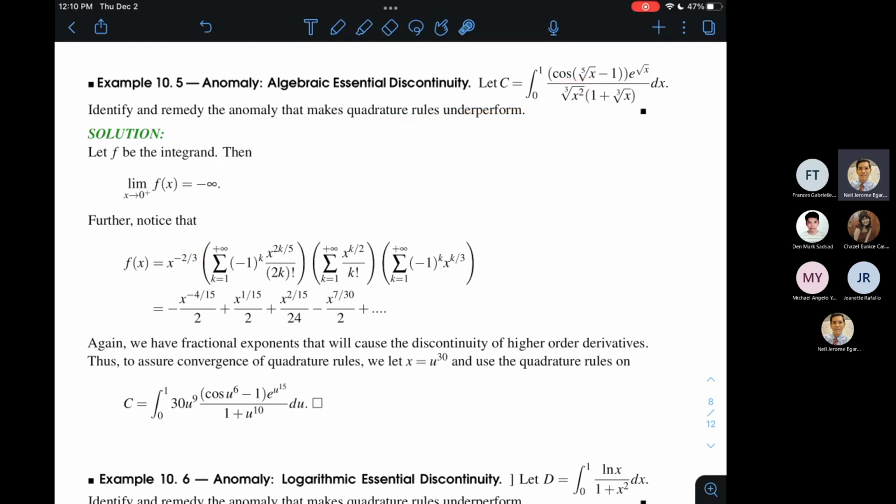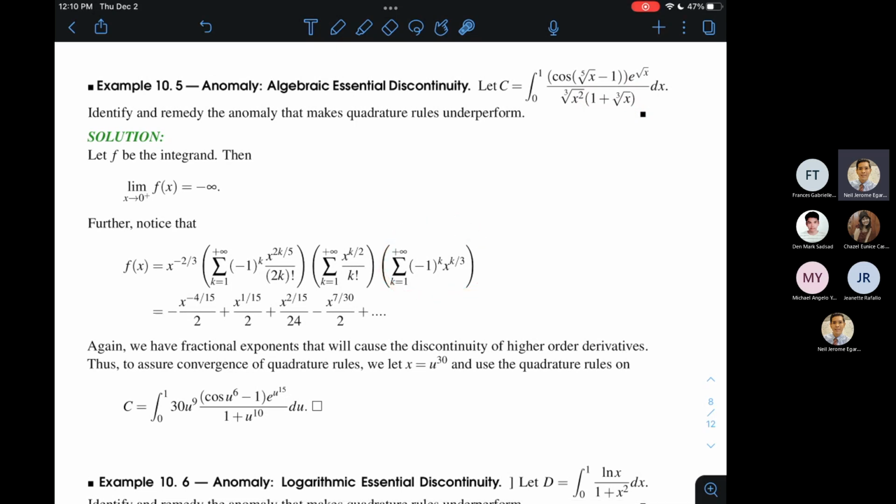Okay? So tingnan natin kung paano kinuha yung Taylor series expansion. Well, I'll start with this guy. This is x to the 2/3 in the denominator. So I can write it as x to the minus 2/3 as a factor, okay? And then yung cosine ng fifth root ng x minus 1 has this Maclaurin, has this Taylor series expansion, okay? Ito yung expansion niya. And then yung e to the root x, ito yung expansion niya. Tapos yung 1 over 1 plus cube root of x, ito naman yung expansion niya. Okay? So kinuha ko lang yung expansion ng lahat ng mga terms para madali ko siyang i-manipulate.